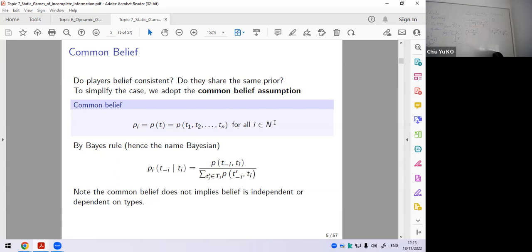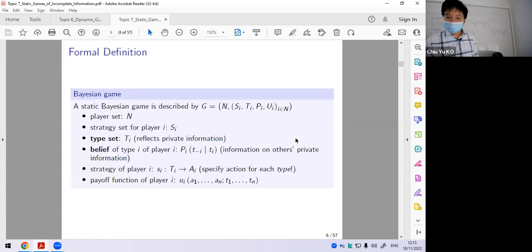Okay, is that okay? I'm pretty sure it's very abstract, so let me have an example. Because it's a static game, the game is not complicated, right? Because you just choose action once and for all.